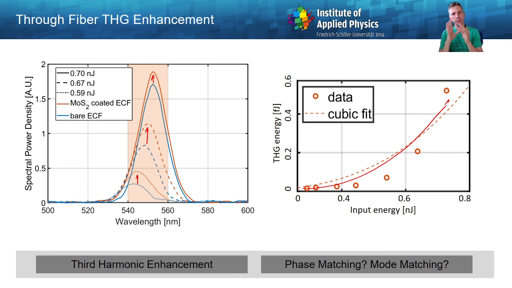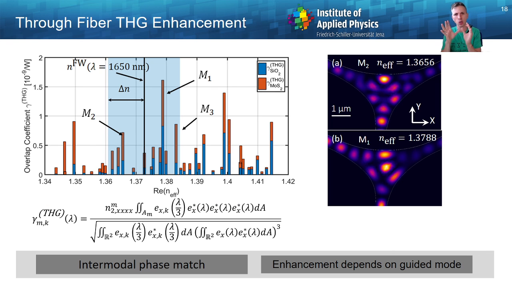Now, describing the entire process in detail is rather complicated because there is no phase matching at the fundamental wavelength, only at a wavelength which is slightly shifted and phase matched to higher order modes, and it's pretty much a nightmare.